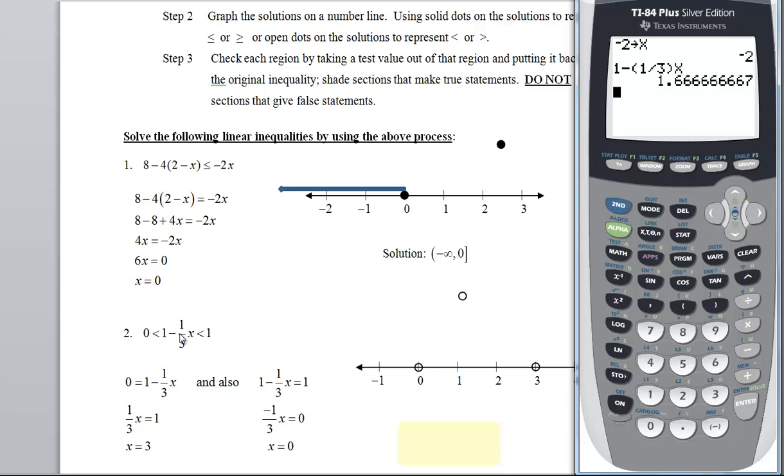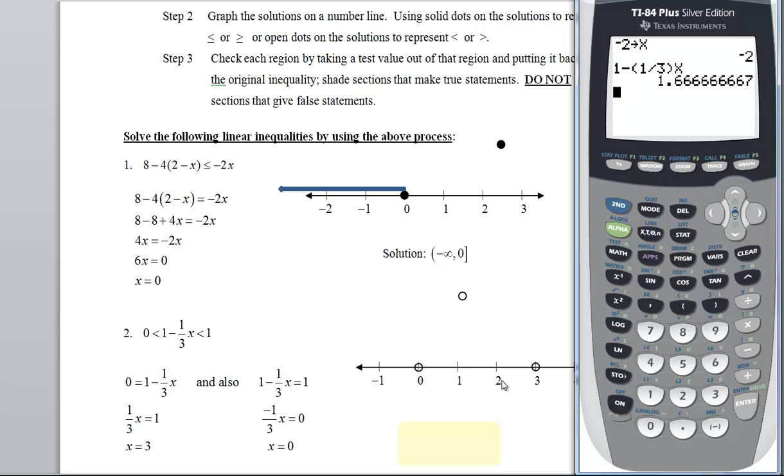So 1.7 goes in there, here in the middle. So 0 is less than 1.7. 1.7 is less than 1. Now in order for this statement to be true, this number here has to be between 0 and 1. And 1.666 is not. So this number over here gives me a false statement. So don't use that one.